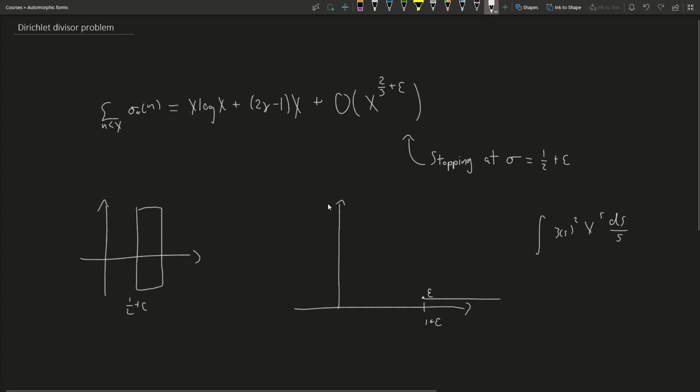So if you look at the growth of the Riemann zeta function squared, it is going to be less than t to some power alpha for fixed sigma.